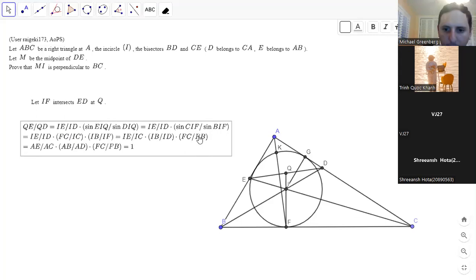So this I get. So IB over ID is, yeah, I think there's a few extra steps. So let's see. So I agree with this step.